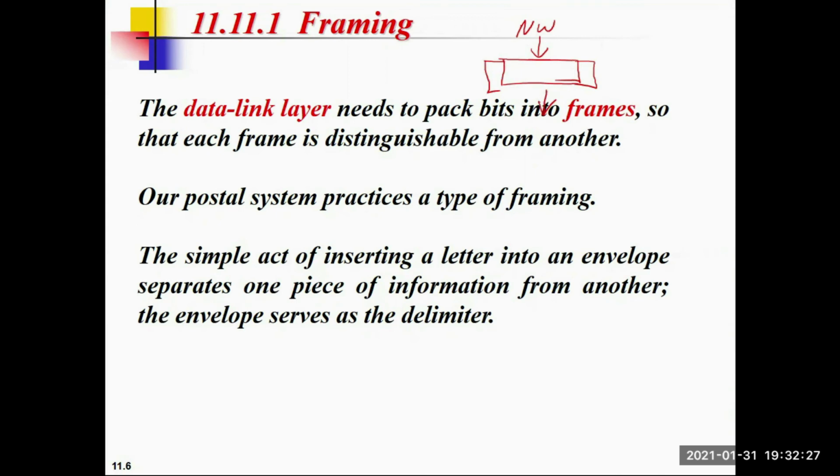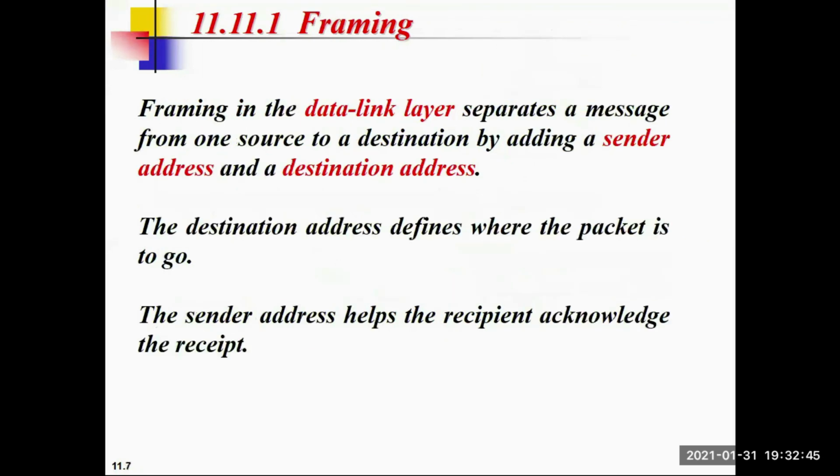So the simple act of inserting a letter into an envelope that we do in postal services separates one piece of information from another piece. The envelope serves as a delimiter. So framing is a data link layer function.